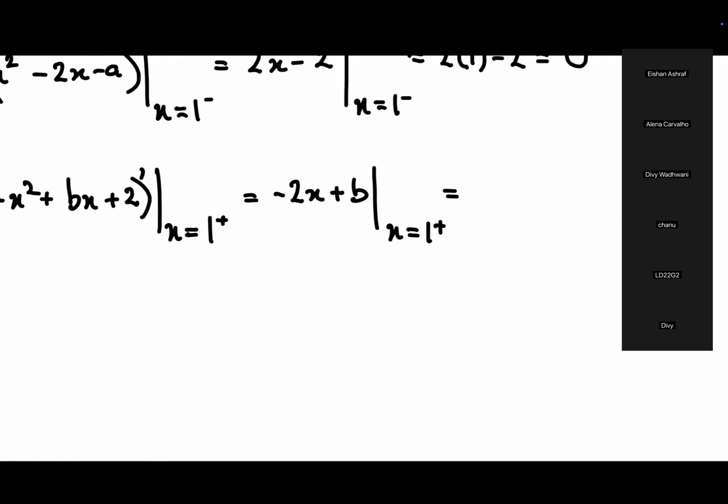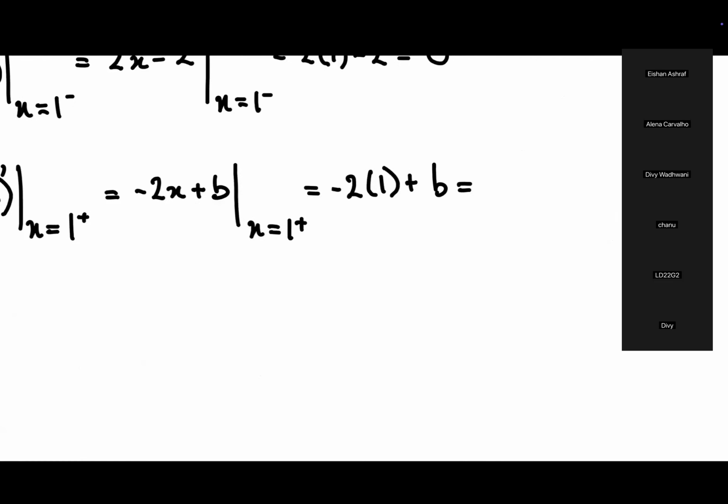Taking the derivative, we get negative 2x plus b. Evaluating at 1 positive, we can apply direct substitution and get b minus 2.